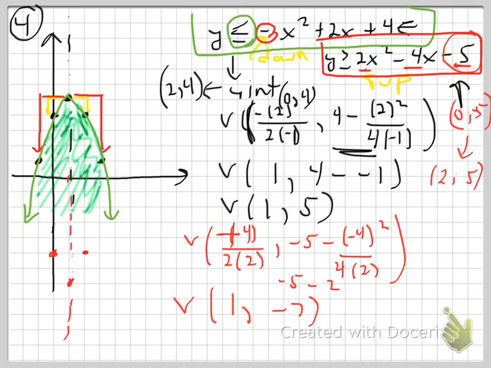Now we need to get some other points here. A nice point to maybe get is to try -1. Let's put -1 in there. Let's just pretend it's equal to right now. Y equals 2 times -1 squared minus 4 times -1 minus 5.